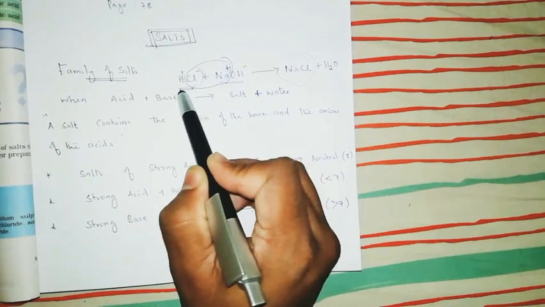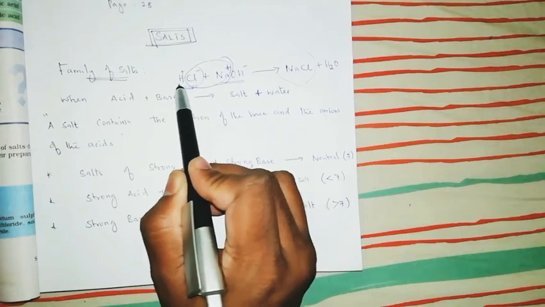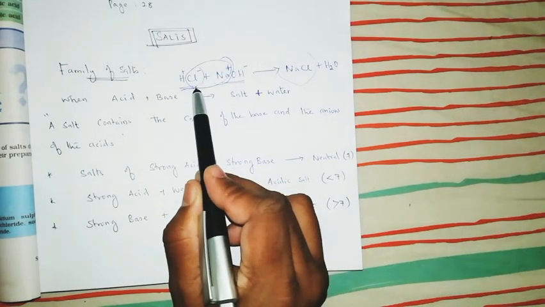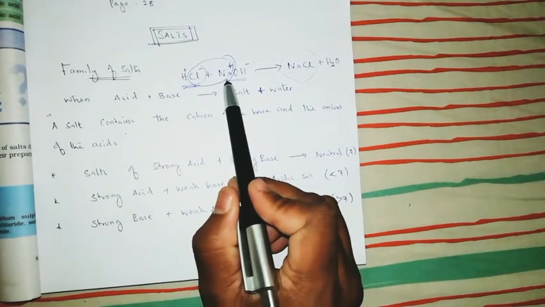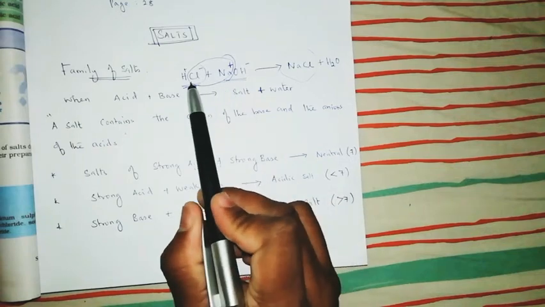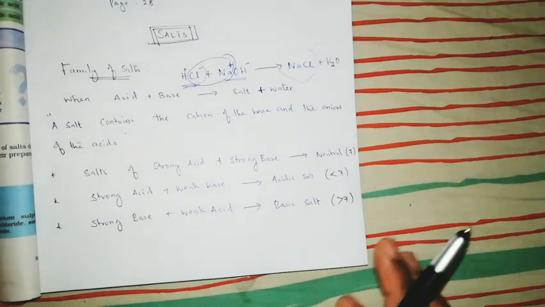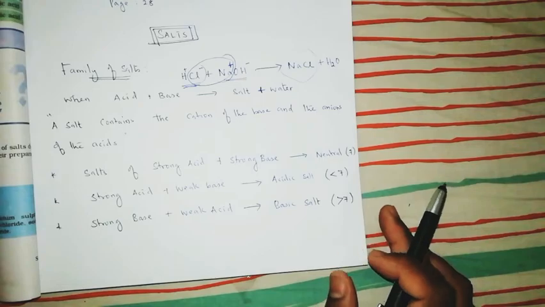Hydrochloric acid is the acid, and what are the cation and anion in that? Hydrogen is the cation and chlorine is the anion. So, in other words, the salt contains the cation of a base and the anion of an acid. Clear, students?